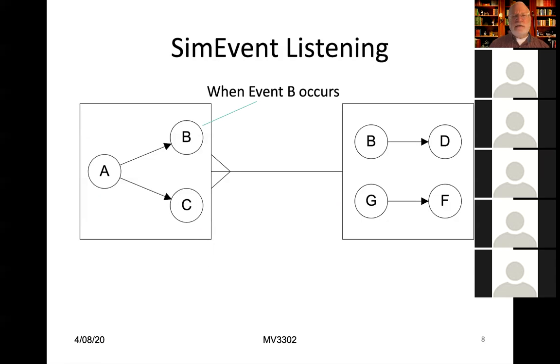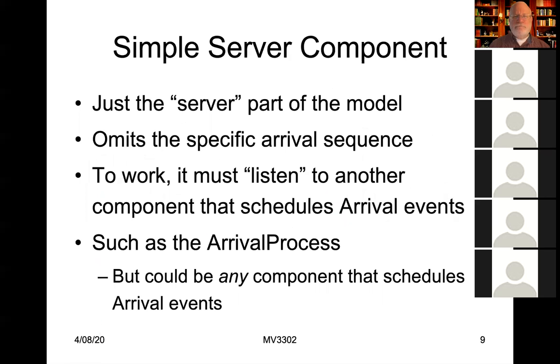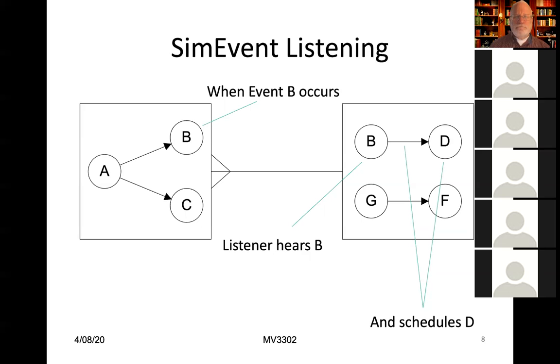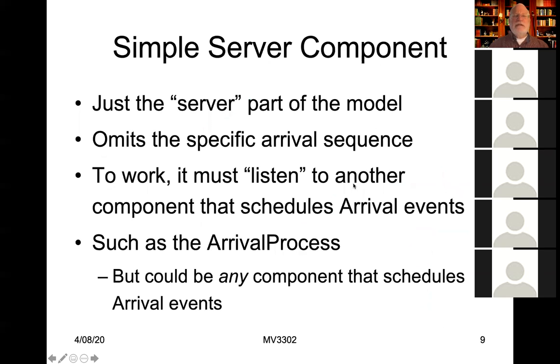And when event B occurs, the listener will hear B and schedule D. But when C occurs, and I haven't animated that, it will be heard but not responded to. But you see how this works.